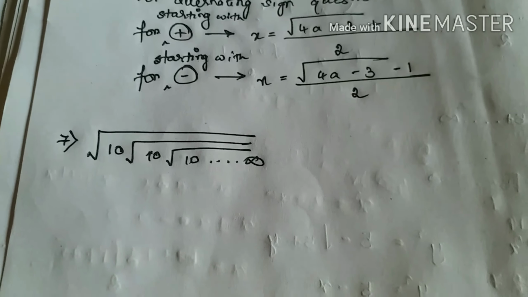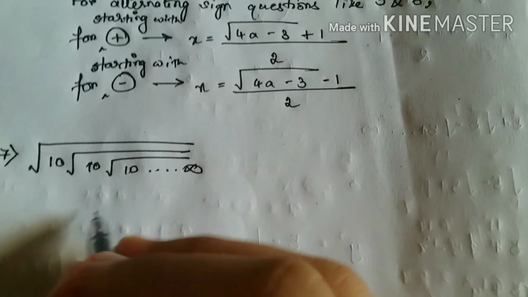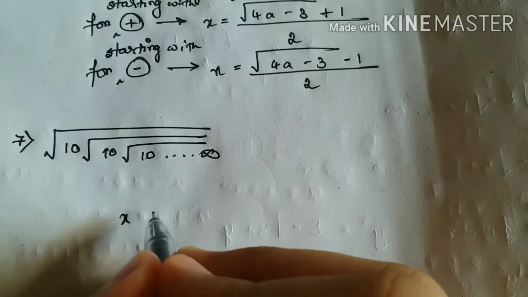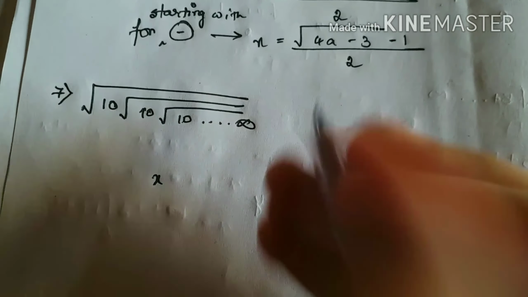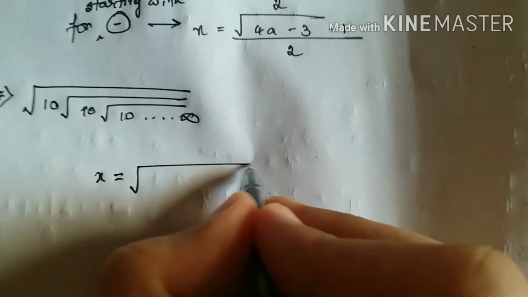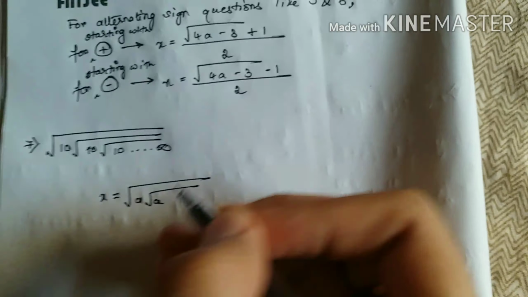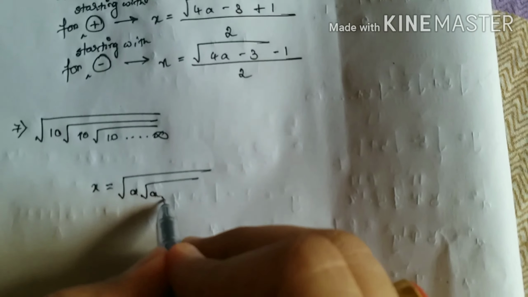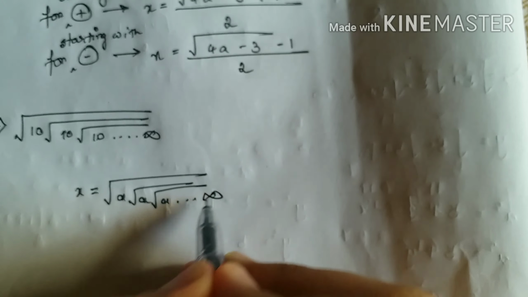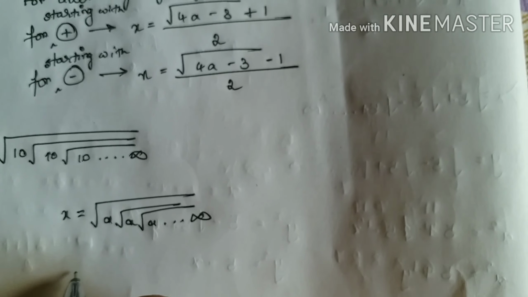So now comes question number 7. Root over 10, root over 10, root over 10, it goes till infinity. So how will we solve these types of questions? I will solve with a constant a, then I will put 10. X is equal to root over a root over a, it goes till infinity. Just square it.